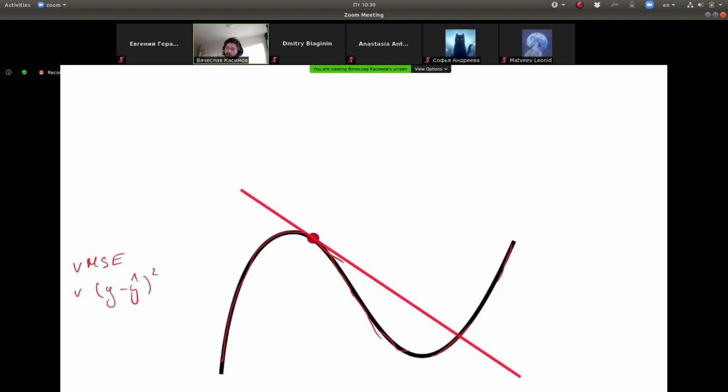And basically, what was the intuition of gradient descent? When we would like to minimize some function over x, we say, okay, we don't know how to minimize the whole function. No idea how to do this.